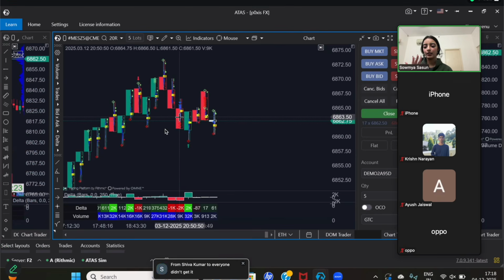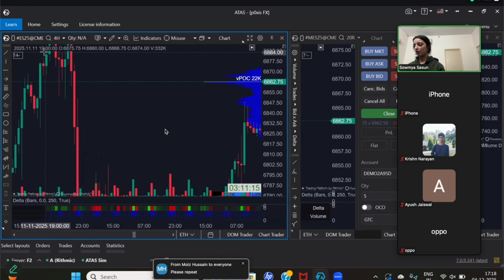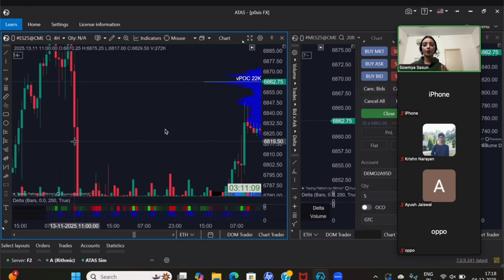Okay, I'll repeat it again. Right now I have a normal chart of 4 hours. What does that mean? Each candle has opened and closed in a period of 4 hours. Every candle shows 4 hours, right?